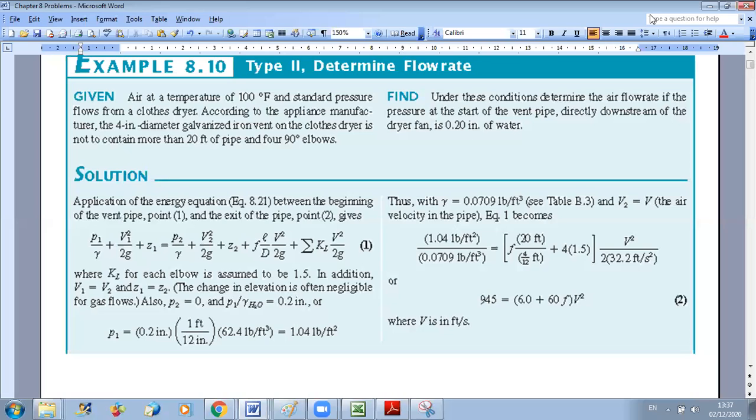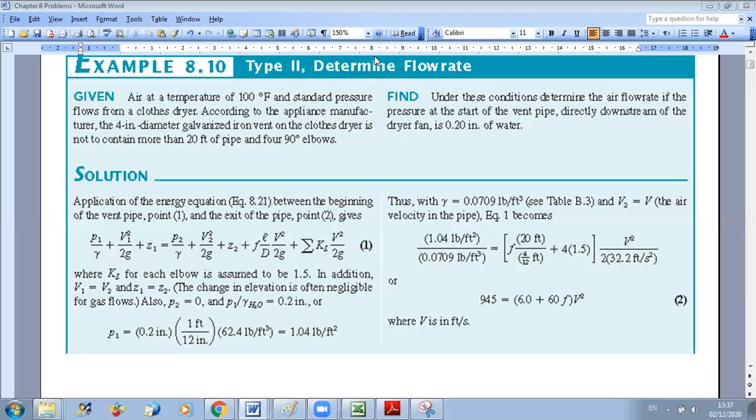Now, we can show a drawing. The drawing is simple because, whatever the system is, you don't care for it. They are saying that you have a length of 20 feet and 4 elbows of 90 degrees.